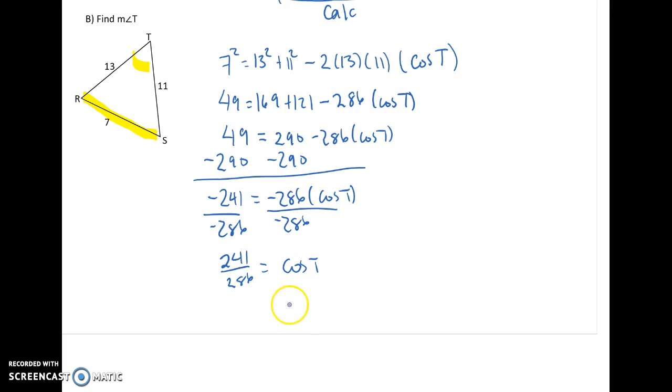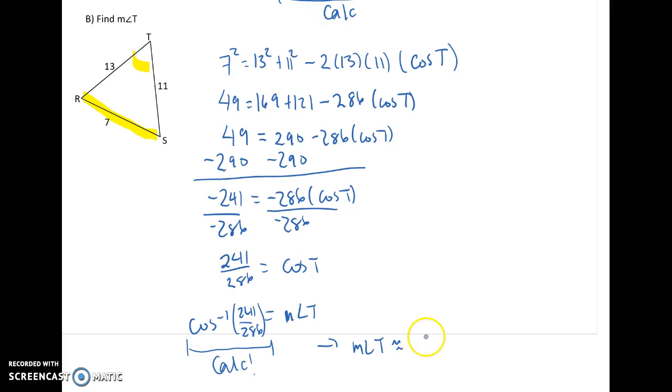That's right, do your inverse function. So a measure of angle t is equal to the inverse cosine of 241 over 286. And now, calculator, right? So then we're going to get the measure of angle t is approximately 33 degrees, rounding to the nearest degree.